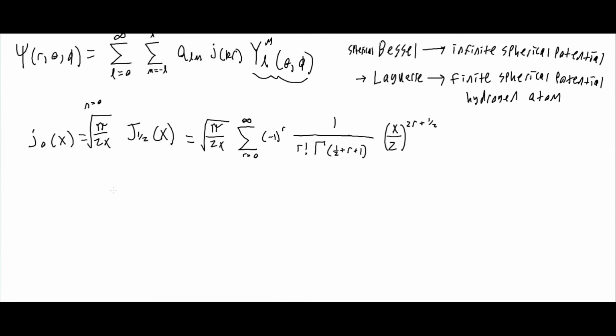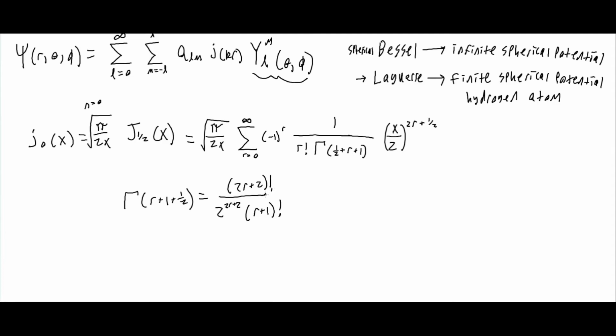If we write the gamma function of r plus 1 plus 1/2 explicitly, it is going to be 2r plus 2 factorial over 2 to the 2r plus 2 times r plus 1 factorial.